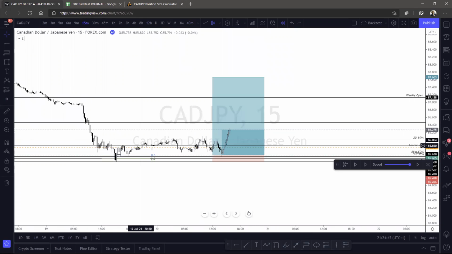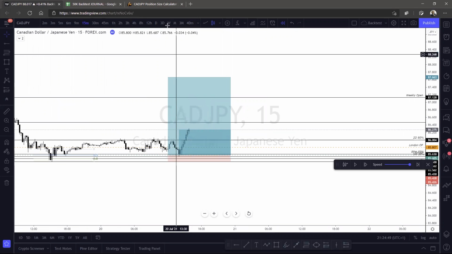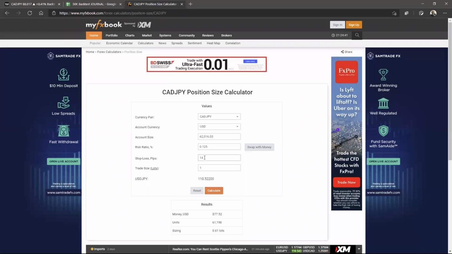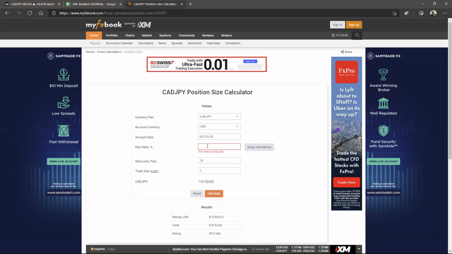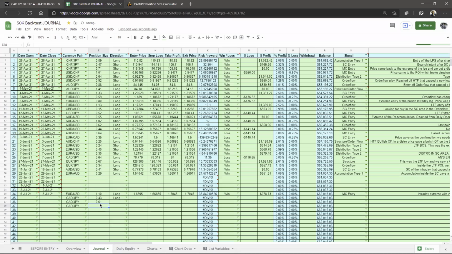So accumulation type 1 and remaining 25% with 18 pips. 0.25. 95 lot. Okay, cool. So that's it.